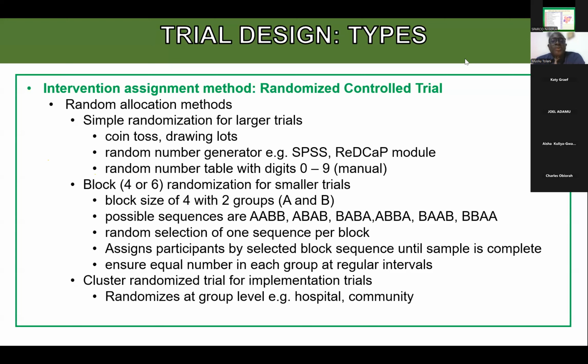Randomized trials can also be sub-classified based on the randomization methods. The most common we know is simple randomization, which is commonly used for large trials too, and could be by methods of coin toss or drawing a lot.